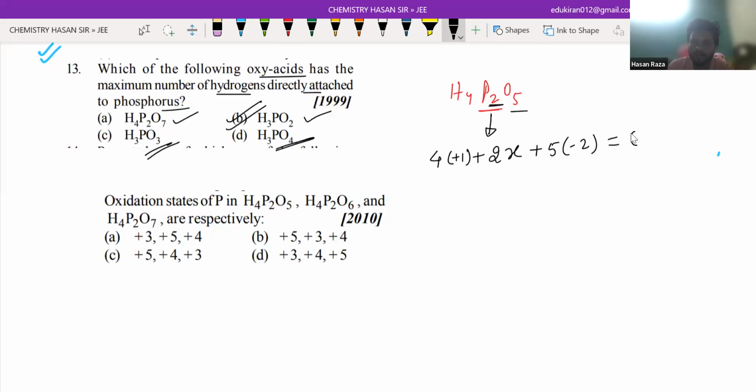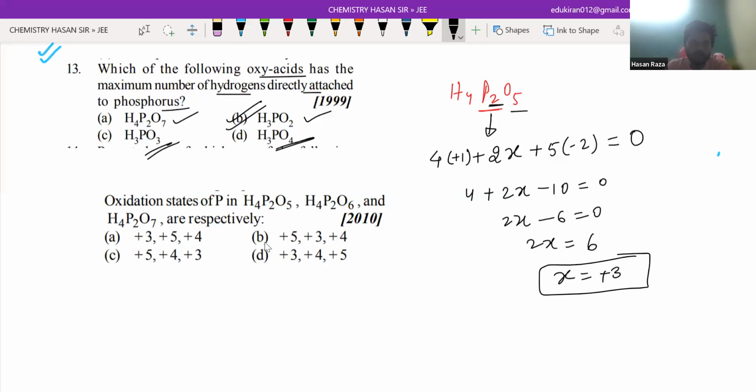This will be equal to 0. So 4 plus 2X minus 10 equals 0, and 2X minus 6 equals 0. 2X is equal to 6, so X will be equal to plus 3. So you check the options for plus 3; you have two options.